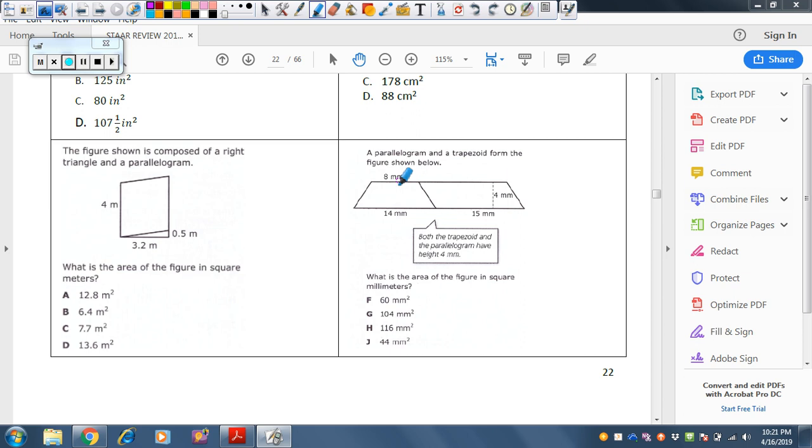This says a parallelogram and a trapezoid. I would treat it as one big trapezoid, just like the last one. I don't know why you need to do it in 2 stages. It's just a trapezoid. So one formula, you're going to have to add this and this for base 1.